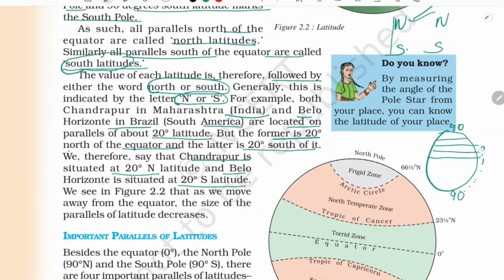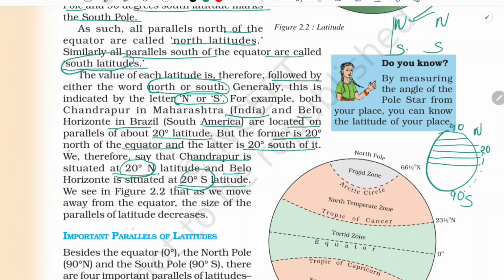So somewhere here in India, it is located at 20 degree in northern India, because this is north and this is south. So both of them are located at the same degree, but one is on the northern side and another is on the southern side. So that is why one will be 20 degree north and another will be 20 degree south latitude. I hope this is clear.